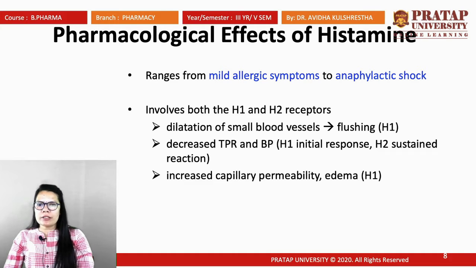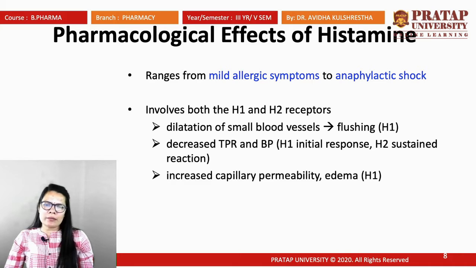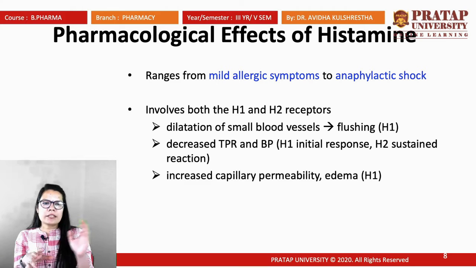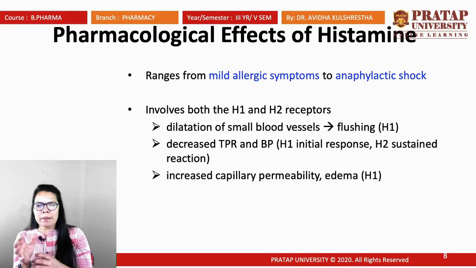The pharmacological effect of histamine ranges from mild allergic reaction to anaphylaxis, mild or cutaneous to severe situations, which involve both H1 and H2 receptors. Dilatation of small blood vessels and flushing by H1, decreased TPR and BP with H1 initial response and H2 sustained reactions, and increased capillary permeability, which can generate edema.